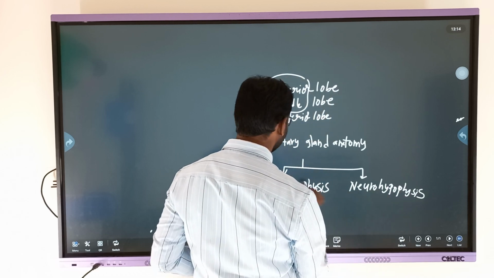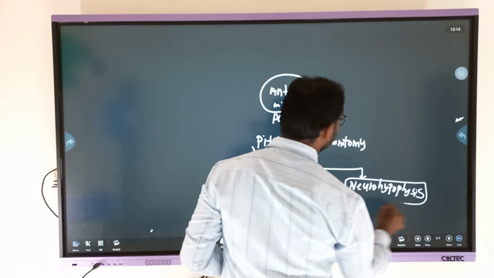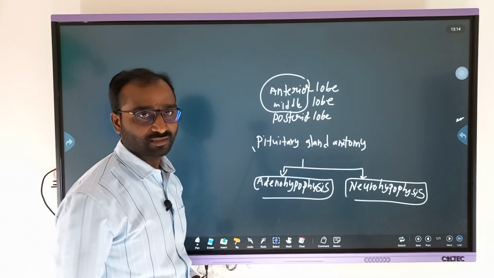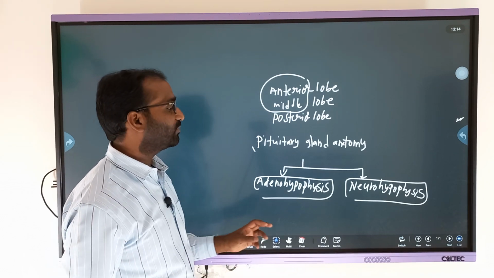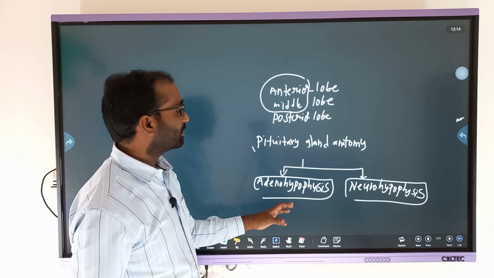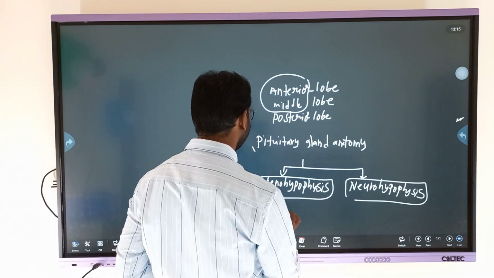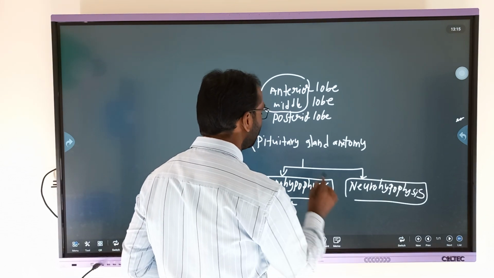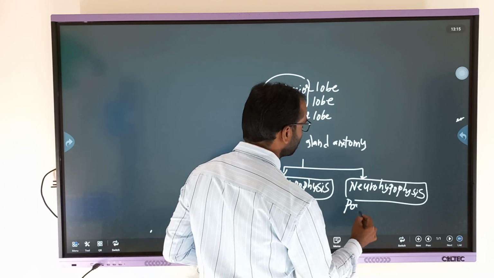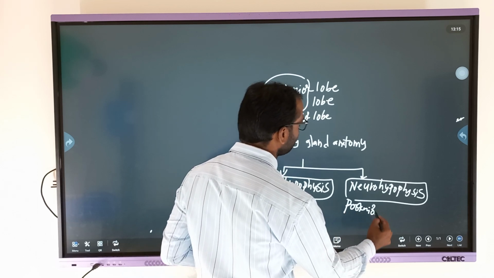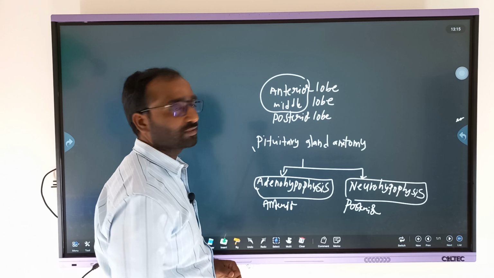Okay now, adenohypophysis and neurohypophysis. The adenohypophysis is completely under the control of the hypothalamus, which is the anterior, and here it is the posterior.